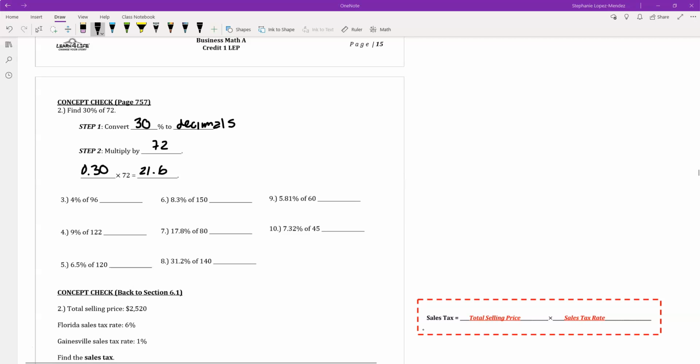Let's do number 3, just to show you the steps again. So it says 4% of 96. So first step, our 4%, we drop the sign, so we only have 4.